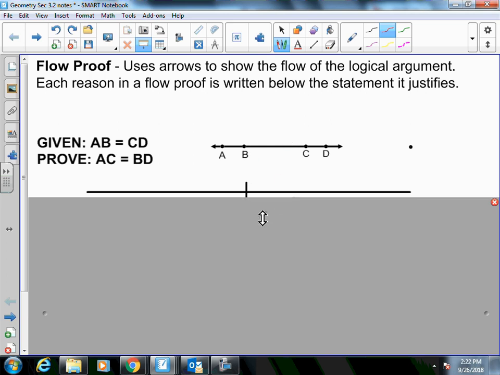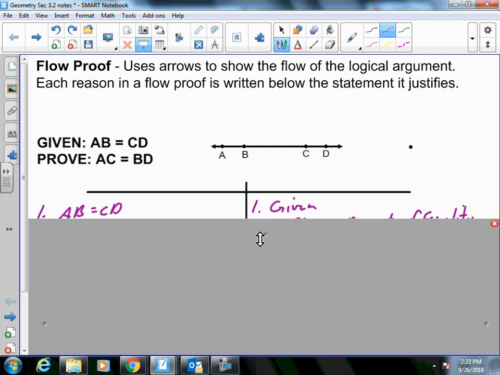So the first step always is the given, which is that AB equals CD. And then from there, since we want to go from AB to AC and CD to BD, we've got to add something to both of those.